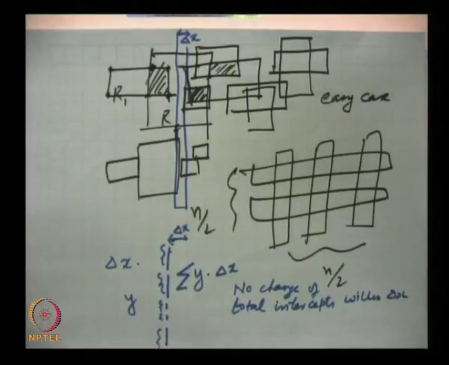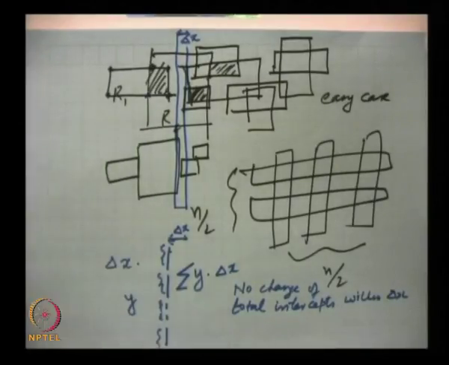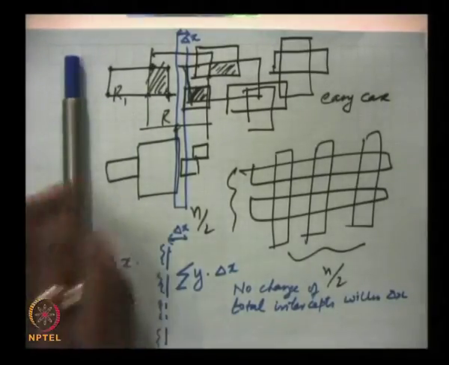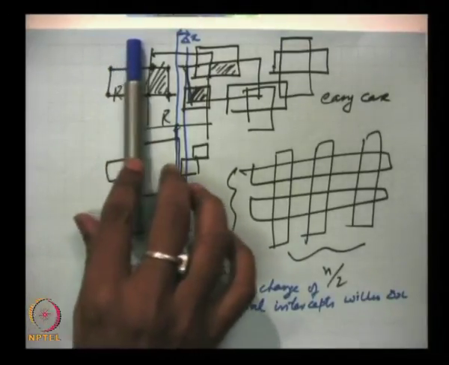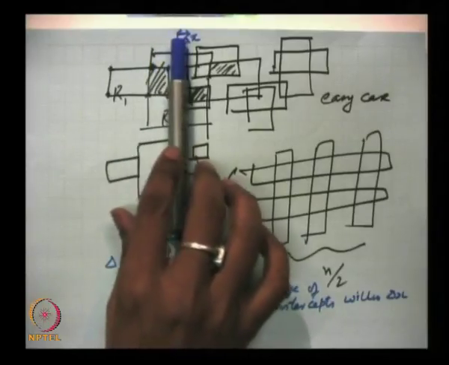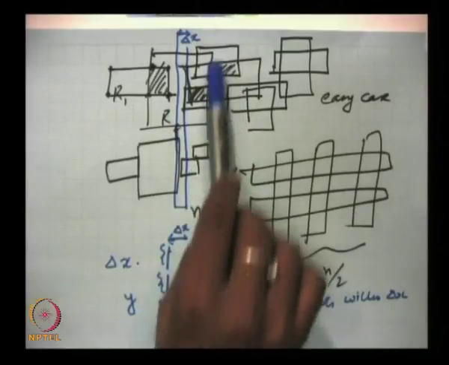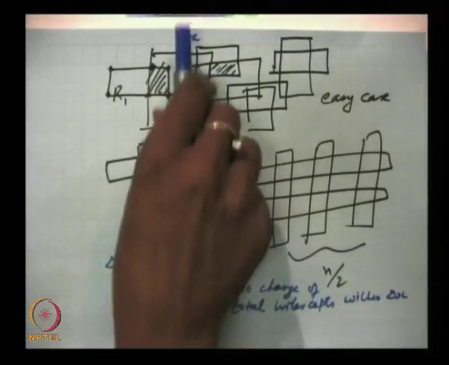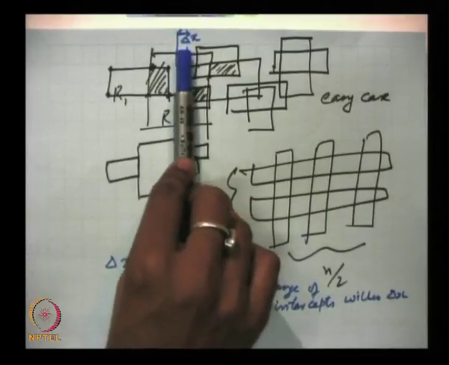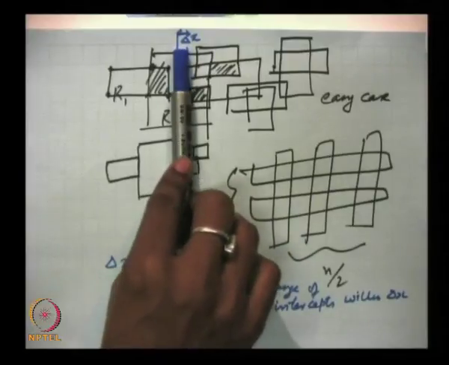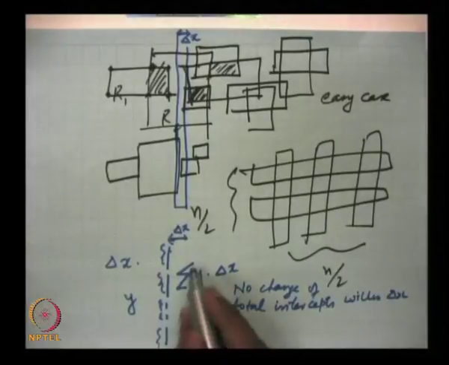So, what is the basic idea that we started pursuing? Again if you want to use line sweep, we start from the leftmost rectangle, and as we sweep across, at any point of time we maintain the intersection of the rectangles with this sweep line. And if you look at this delta x, whatever is the total area that is being swept by this line, we can write this as a summation.